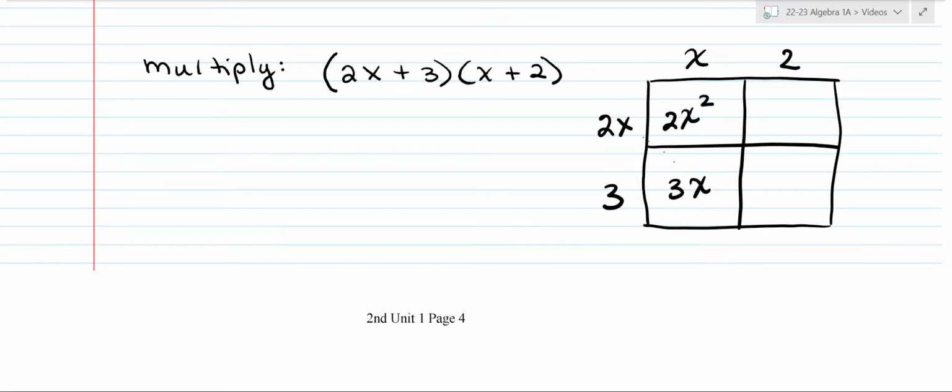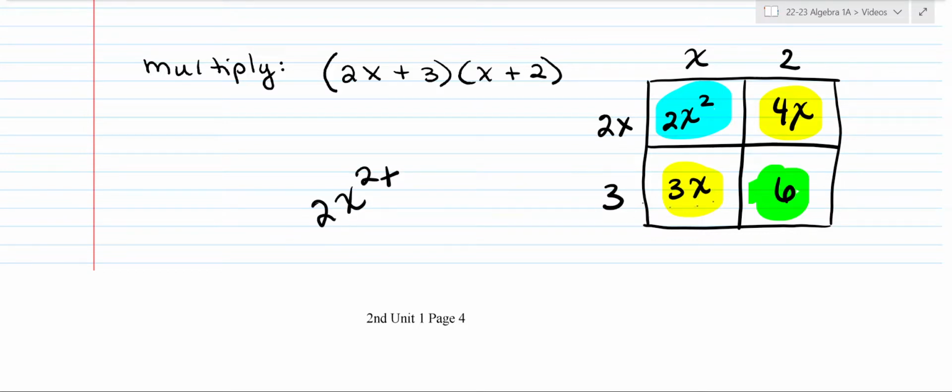It's 3x. 2x times 2 is 4x. 3 times 2 is 6. Now you ask yourself, are there any like terms? Are there always going to be like terms? No, as you found out on the test. So here the answer is 2x squared plus 4x and 3x is going to be 7x and then plus 6.